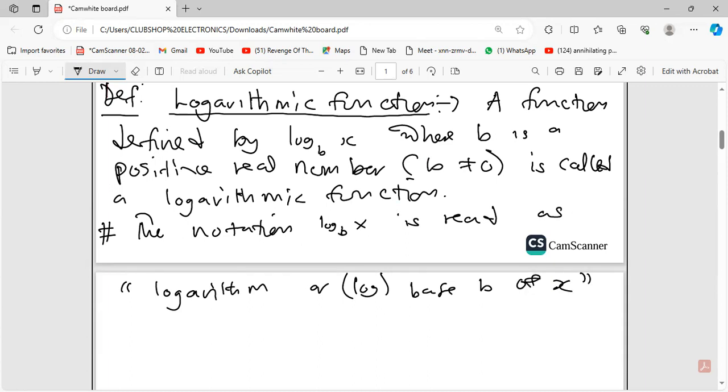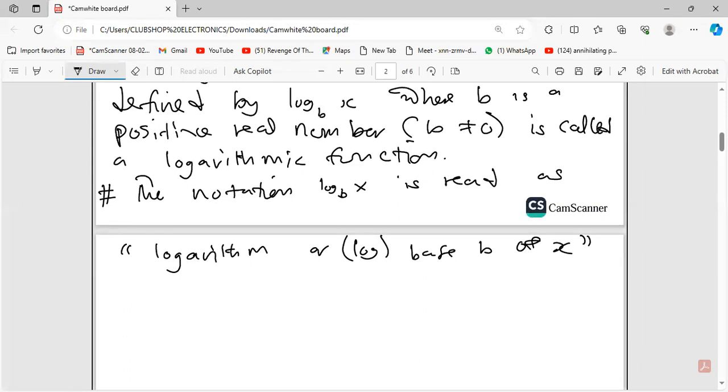So you simply say log b of x, okay? Log b of x. That's how you read it.